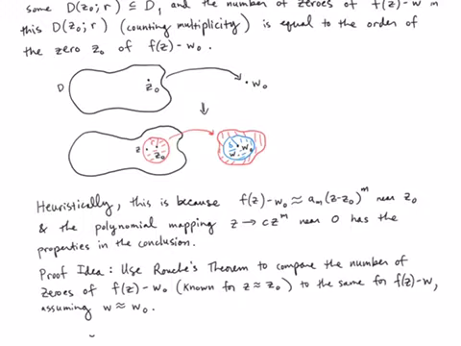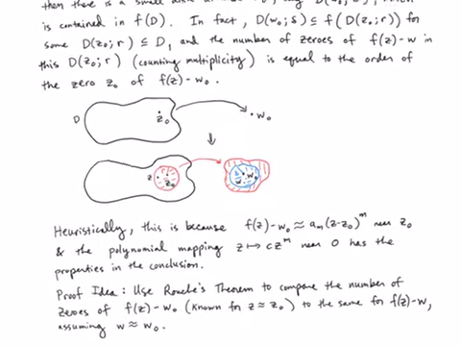And if you center your domain and your range at z naught and w naught, you can think about that as analogous to the polynomial mapping z goes to a constant times z to the m, taking 0 to 0. So near 0, that polynomial mapping has the properties in the conclusion, right?